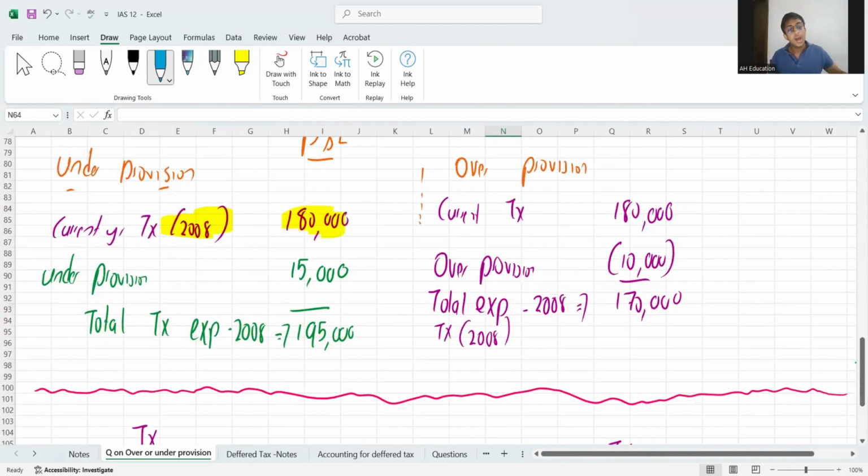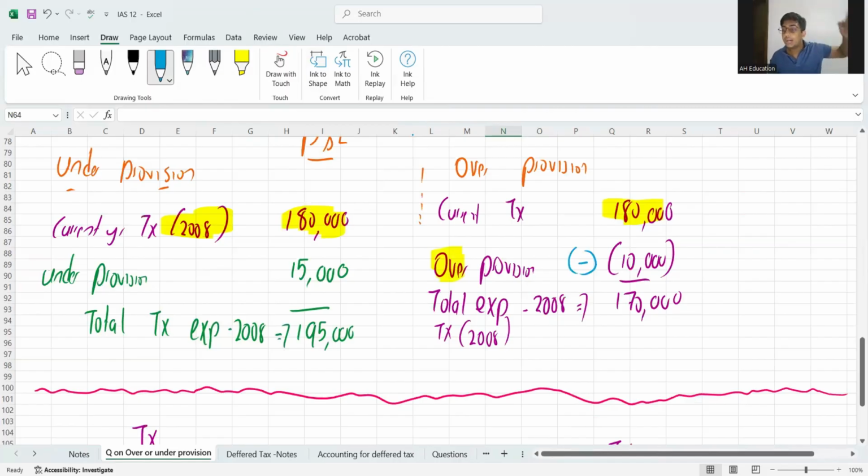See, under my current year tax working, since it is an over provision, what I'll be doing is deducting it. Why?